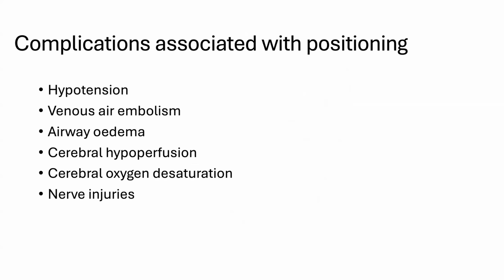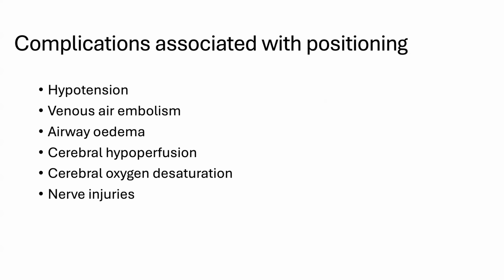A decrease in preload means a decrease in stroke volume. A decrease in stroke volume then translates to a decrease in cardiac output. A decrease in cardiac output will mean a patient is going to have hypoperfusion to the brain and to the heart, and that will be detrimental. So we don't want that to happen. This is one of the things that happen when a patient is in the sitting position under general anesthesia.